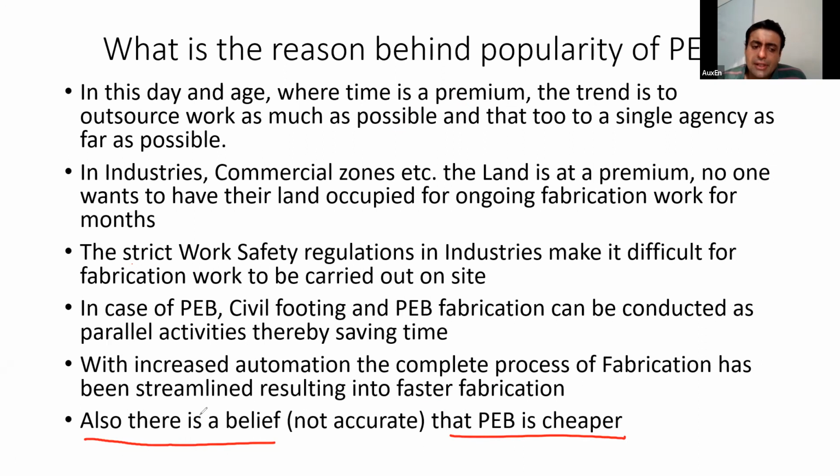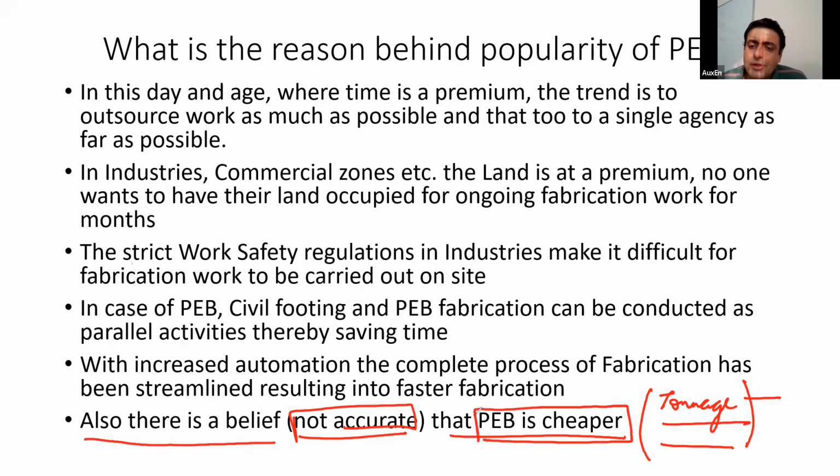PEB is not cheap. If you compare the tonnage, it can be almost equivalent to a general conventional structure that you plan. So PEB being cheaper, at least tonnage wise, is not true.